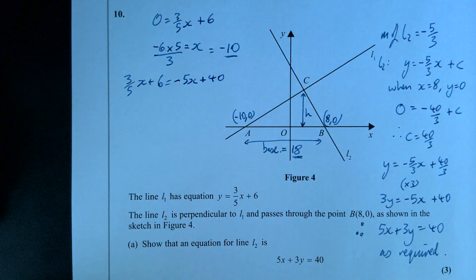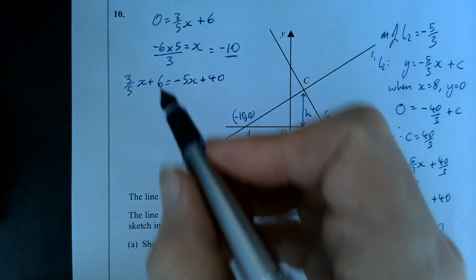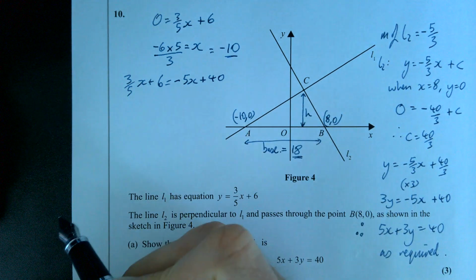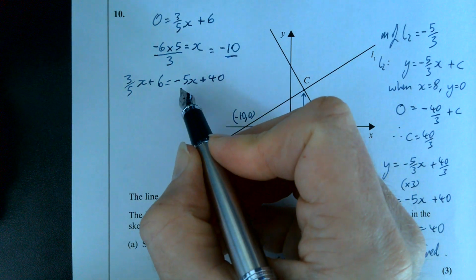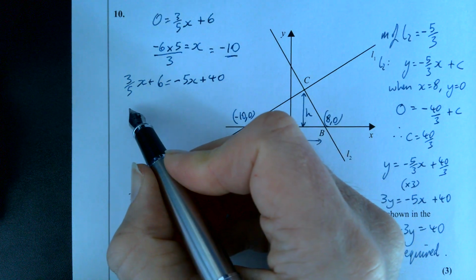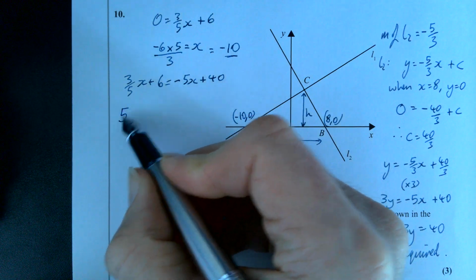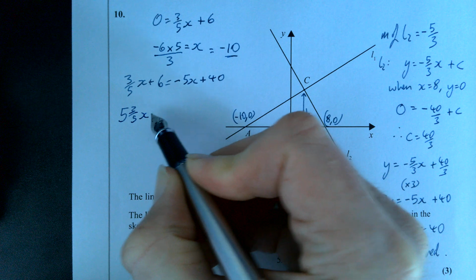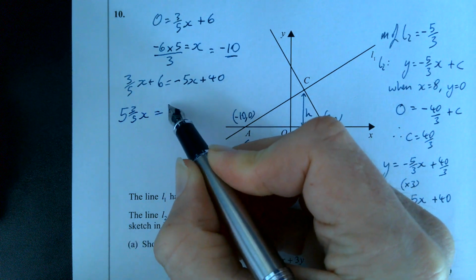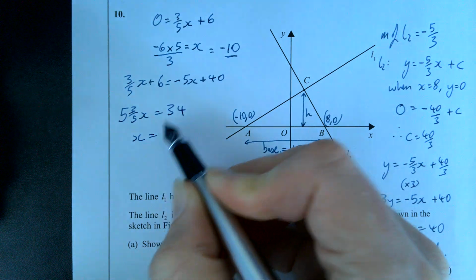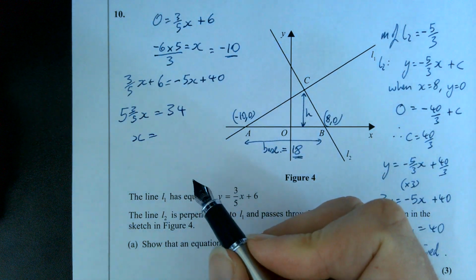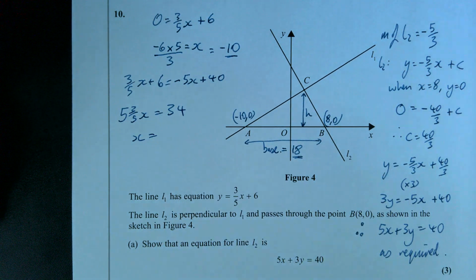So we'll find our x value first of all, and if we add 5 to both sides, that'll give us 5 and 3/5 x equals 6 away from 40 is 34.